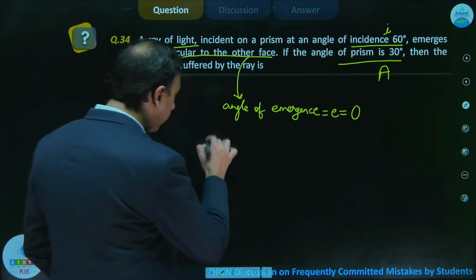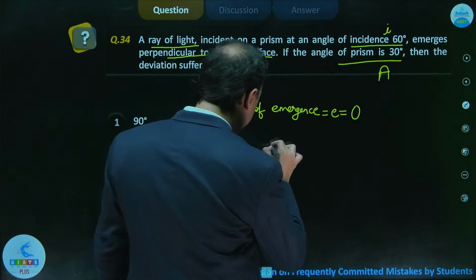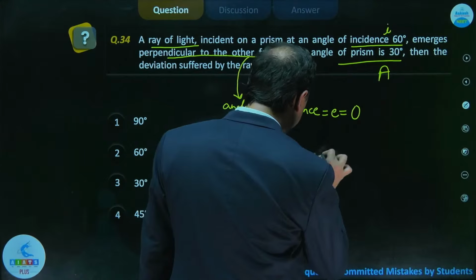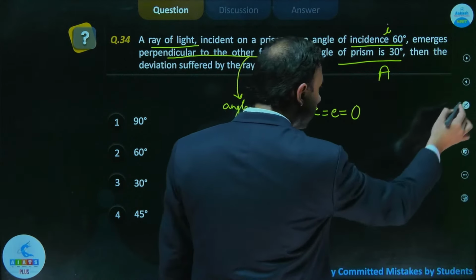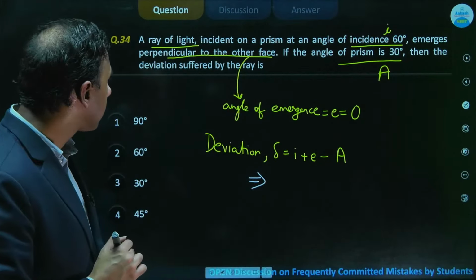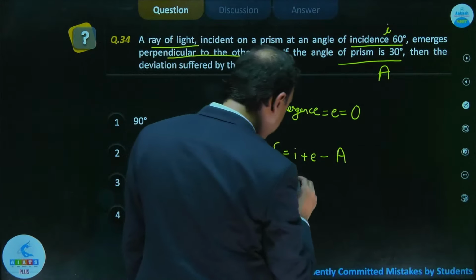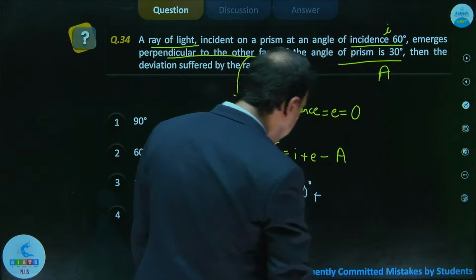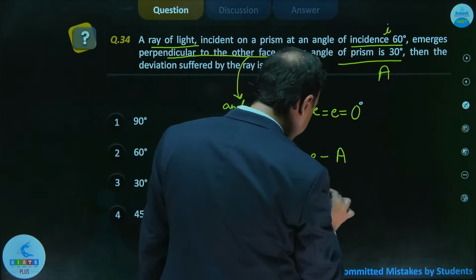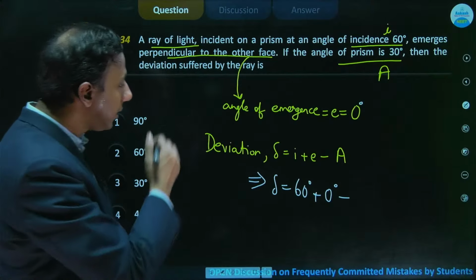Remember the direct formula for deviation: delta is given by I plus E minus A. I is given as 60 degree, E we know is 0 degree, and A is 30 degree.